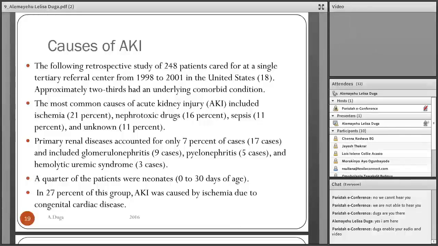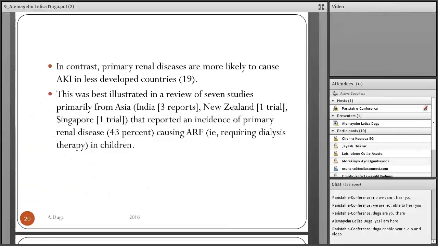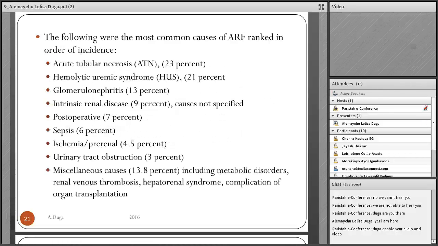By the way, this is for developed countries, especially in America. The common causes of acute kidney injury are different for developing countries, which I'm going to display now. For example, this is best illustrated in a review of 7 studies, primarily from Asia, New Zealand, and Singapore, which reports that the incidence of primary renal disease is 43%, which is very opposite to that of developed countries.